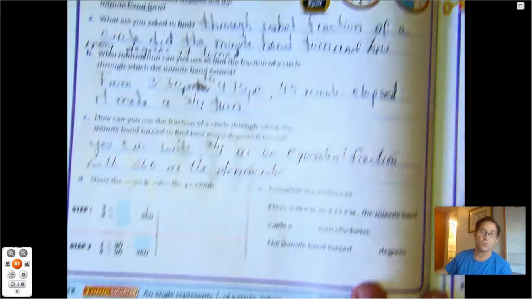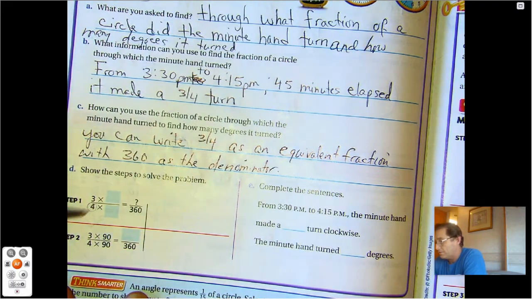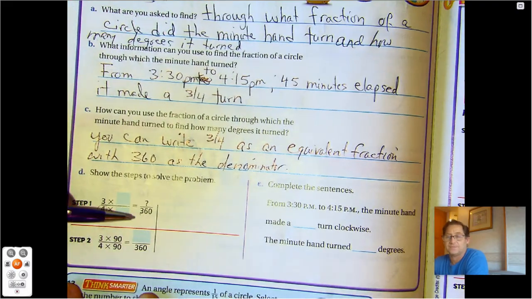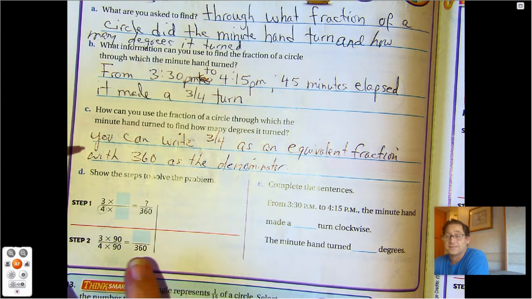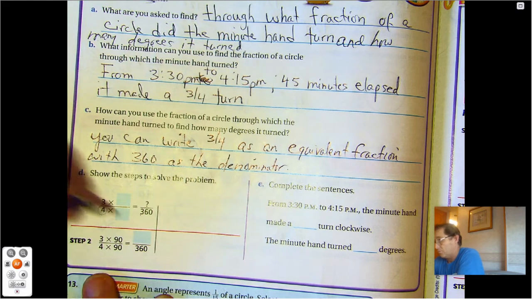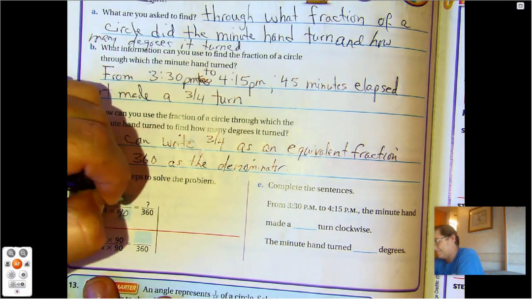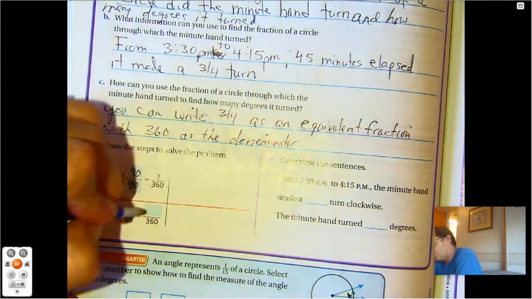All right, so what are we going to do to solve this? 4 times what is 36? 9, right? But we don't want 36, we want 36 tens or 360. So we want 90. Okay, and so 3 times 90 is 270.